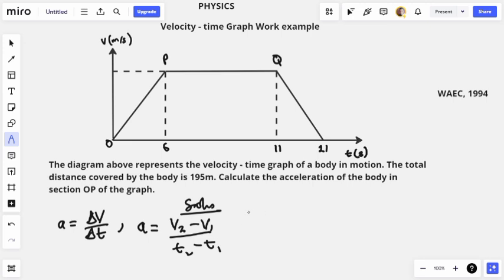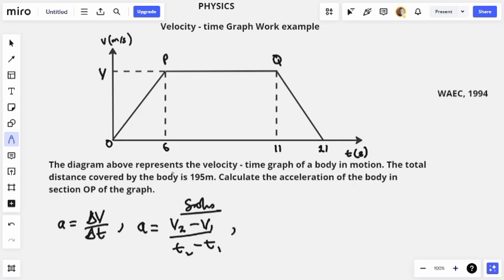However, we have a challenge here. The challenge is that we don't know our V2. Our V1 is 0. Our V2, or we call it V here, we don't know what V is here. And if we don't know V, we cannot calculate that acceleration.